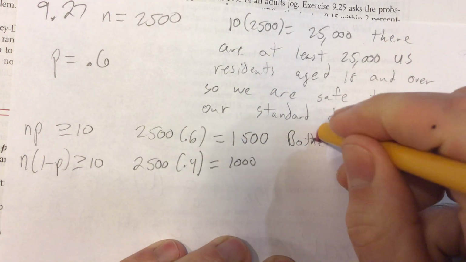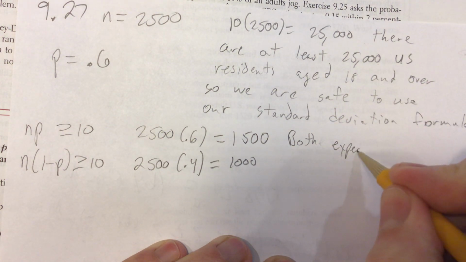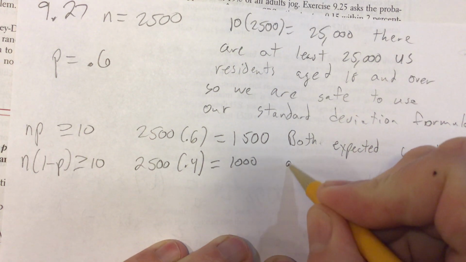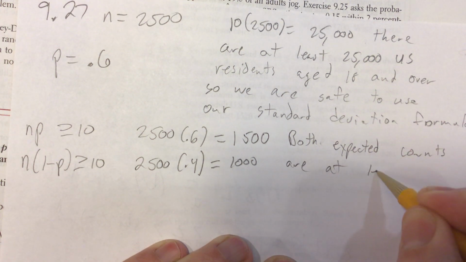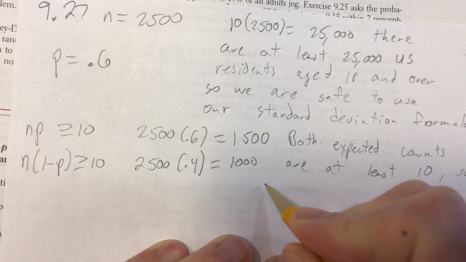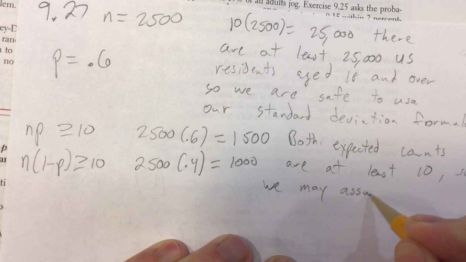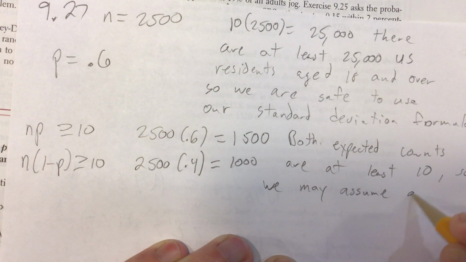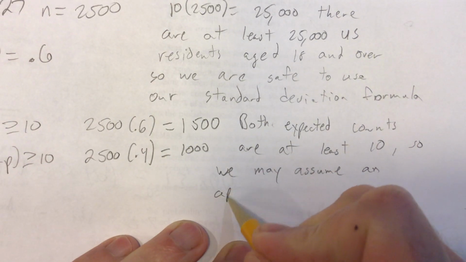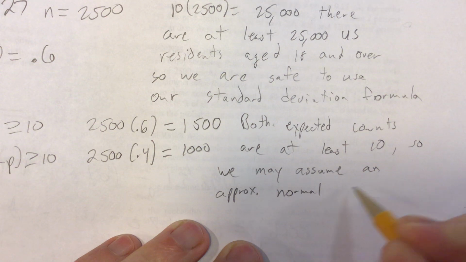Both expected counts are at least 10, so we may assume an approximately normal distribution.